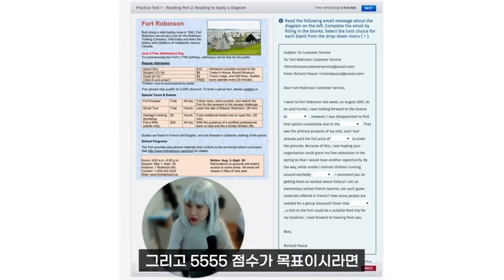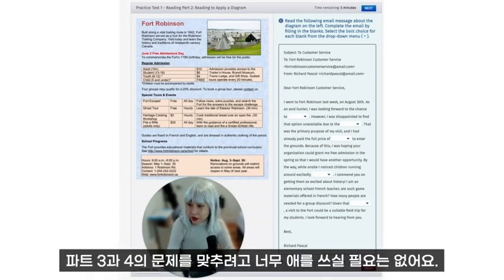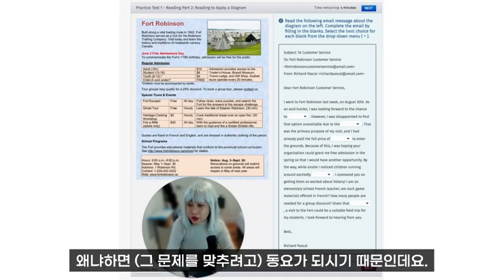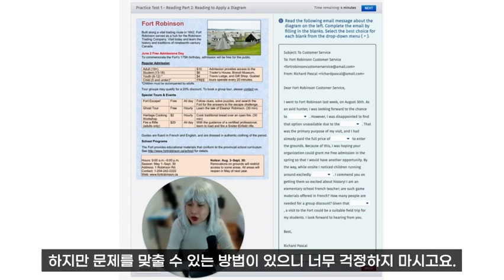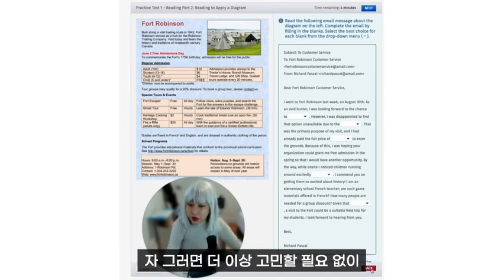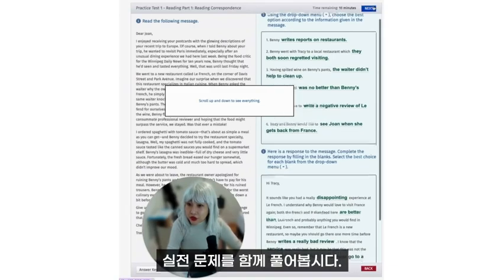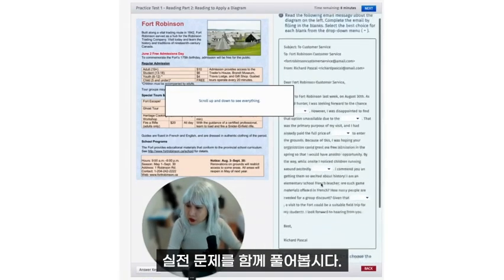As long as all you need is 5555, don't sweat too much about getting the right answer for part 3 and part 4, because that's going to make you feel very agitated, and also it will probably consume a lot of your time just learning new vocabulary and so on. Don't get me wrong, there is a way to go around it if you know how to pick the right answer. So without further ado, let's get into the actual questions here.